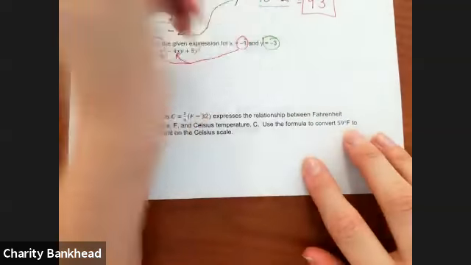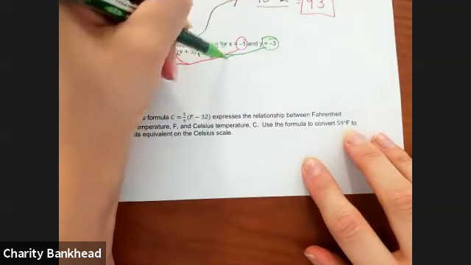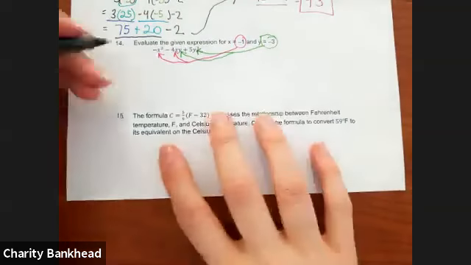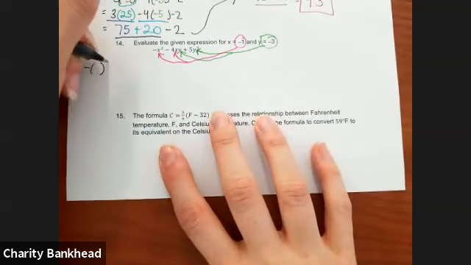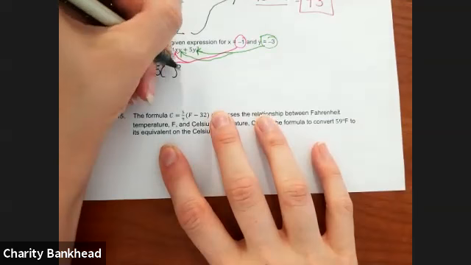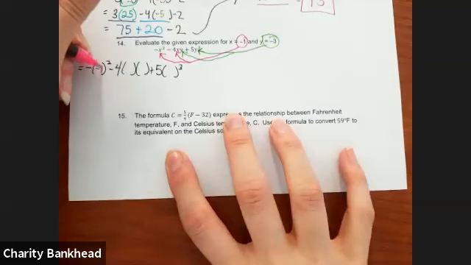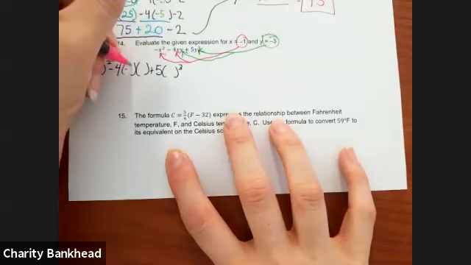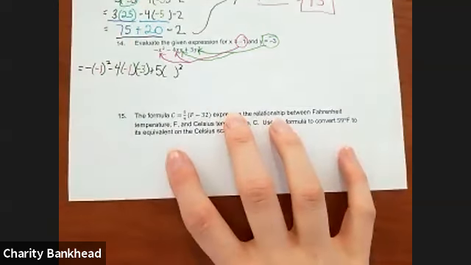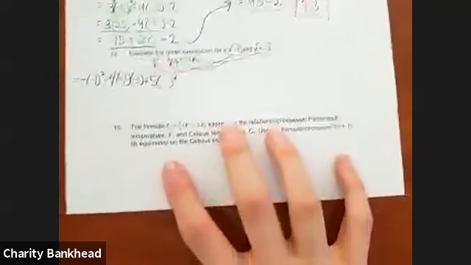So we have to plug in -3 for each of the y's. So negative parentheses, -1 squared minus 4 times -1 times -3 plus 5 times, oops, -3 to the third power.